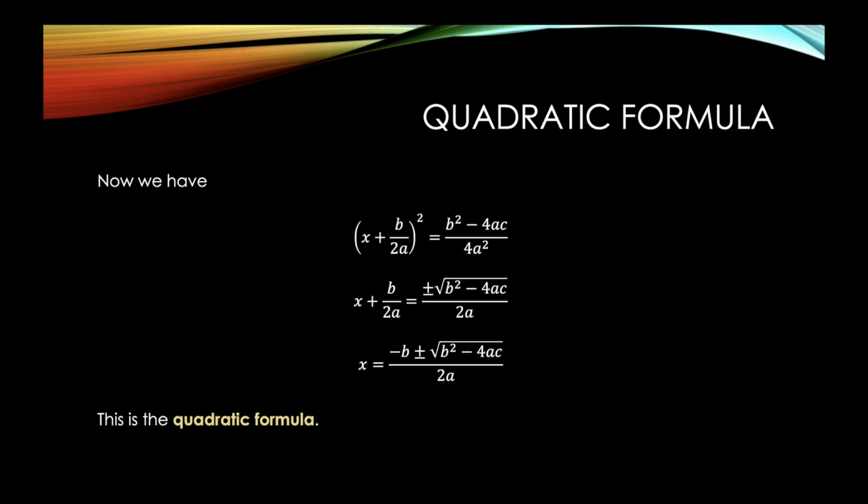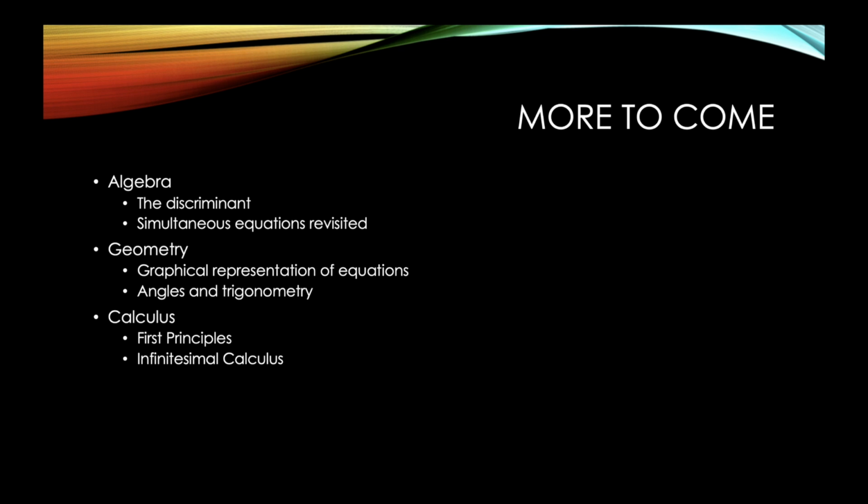Interesting. So what have we got more to come? We've got the discriminant of the quadratic formula, and we are going to revisit simultaneous equations where one of them is a quadratic and the other one can either be a quadratic or a linear equation, and we'll proceed to try and solve those types of systems.